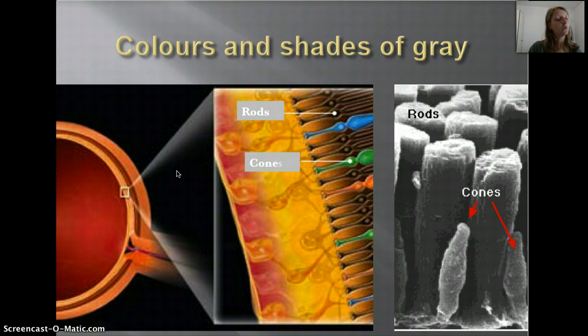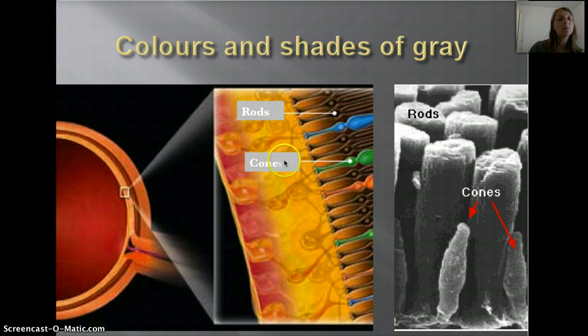If we take a closer look at the retina, we see it consists of two types of light detecting cells, namely the rods and the cones. The rod-shaped cells allow us to see shades of gray.